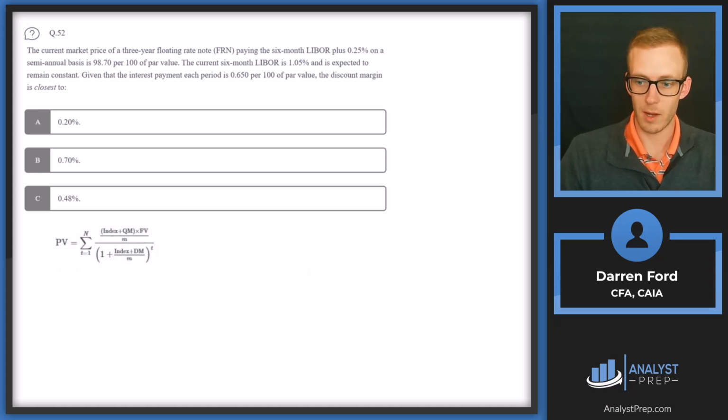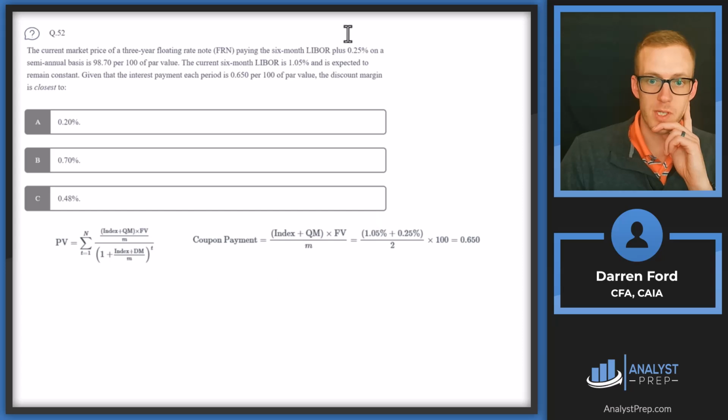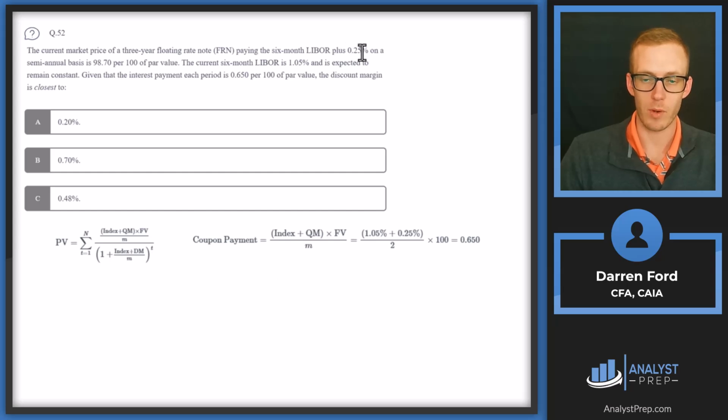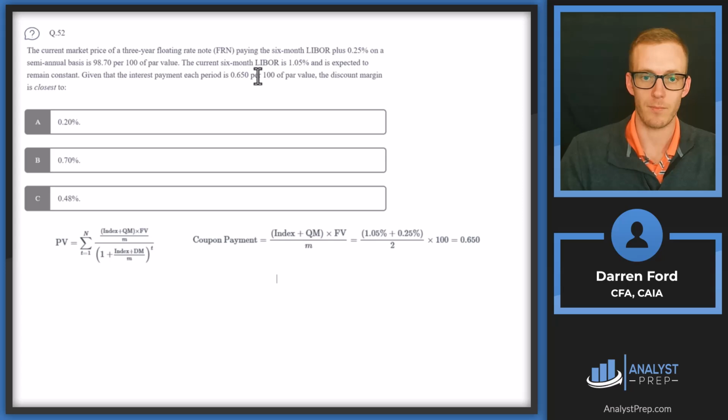So our coupon payment looks like this. We've got 1.05%, the 6-month LIBOR, plus what we're paying above that, the QM, 0.25%, multiplied by the par, and M is how many payments per year. We're doing semi-annual, so we divide by 2 to get the semi-annual payment.